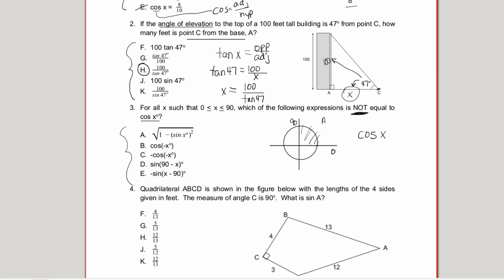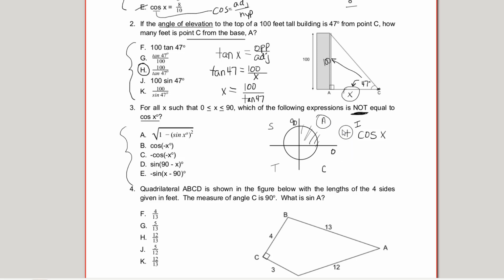Remember, we have a saying, all students take calculus. That's one of the sayings. That's the one I know. I know there's a couple of others. But what this means is cosine is positive in quadrant 1. So that's one thing we could be looking at, the sign.